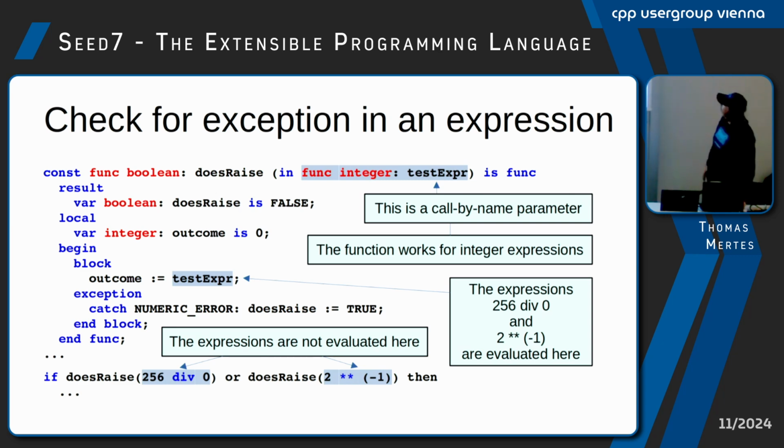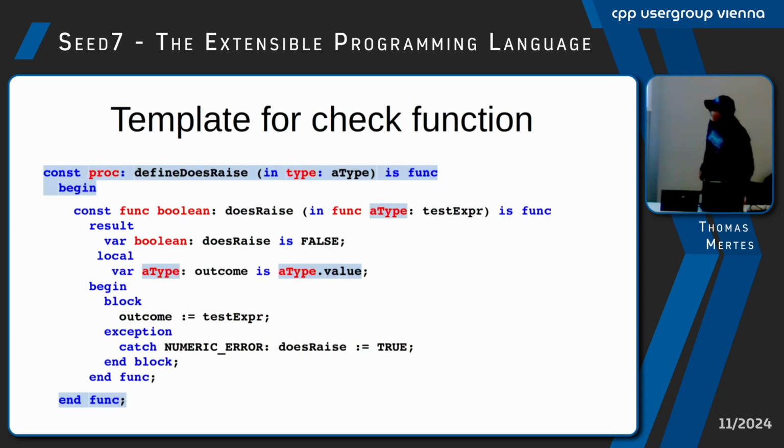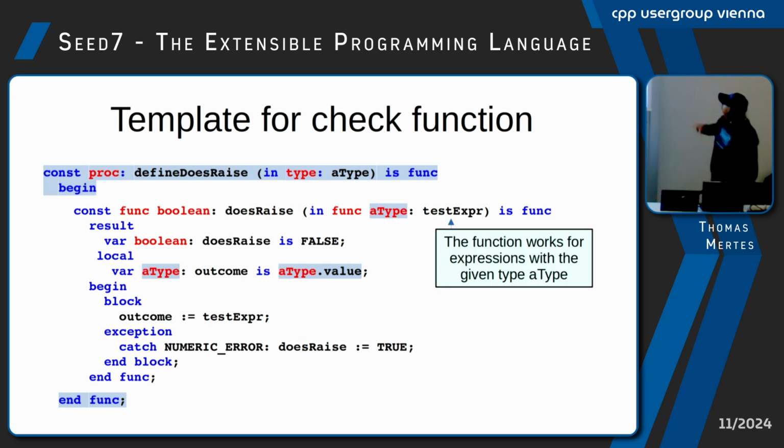So this function works for integer expressions. Why only integer expressions? We can do better. We put this thing into a template, and now it works for an expression of a type. And a type is provided as parameter to the template.